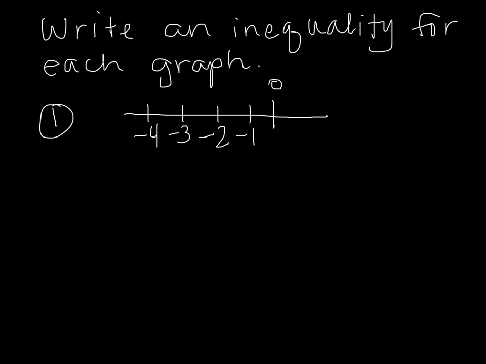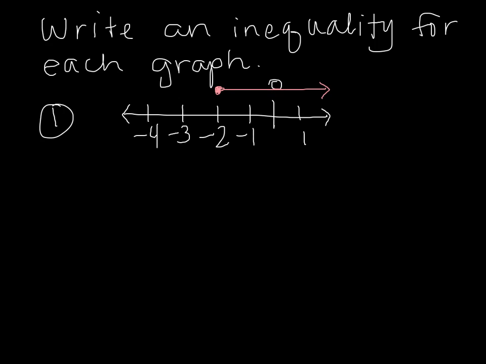And then there's going to be arrows because, well, it goes on forever, number lines do. And then it's going to show something like this, where its circle is closed, and the line goes this way.